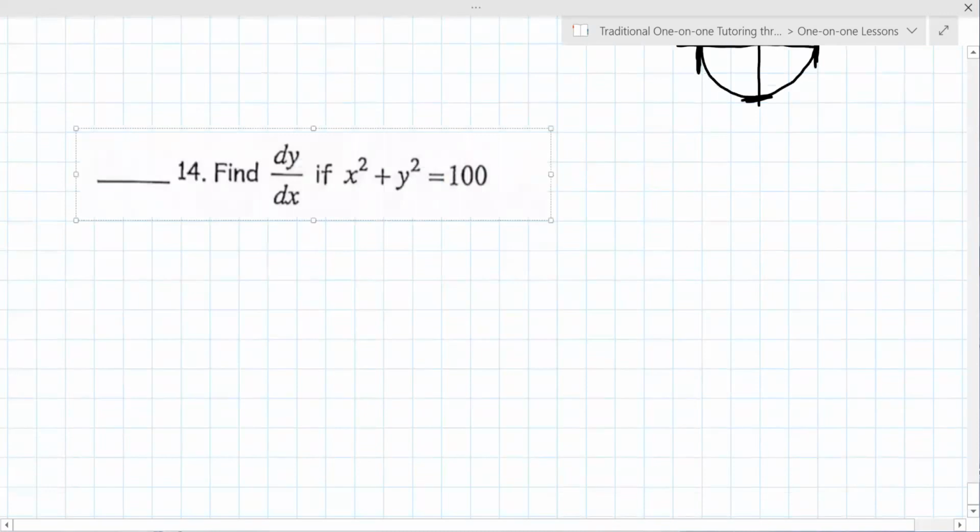So let's actually do, believe it or not, 14. This is what I just said. This is another implicit derivative. It's a circle. So go ahead and give this one a try, please.